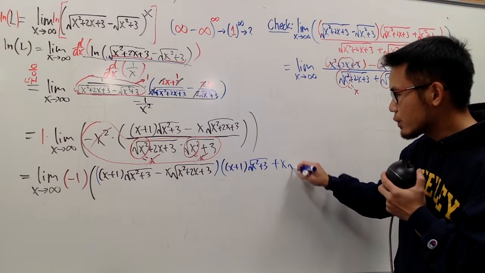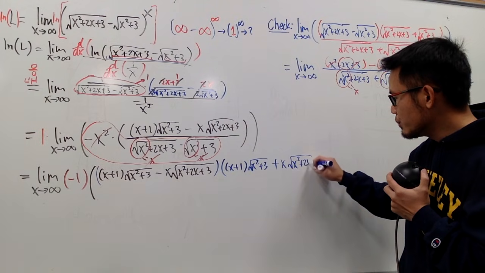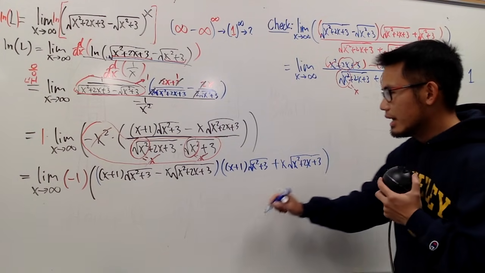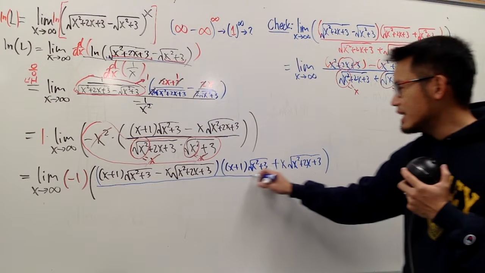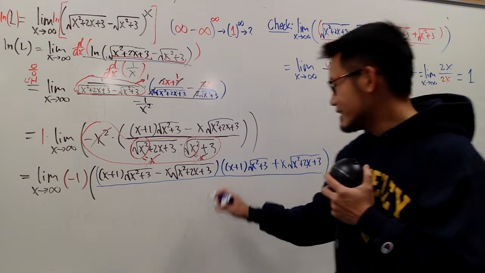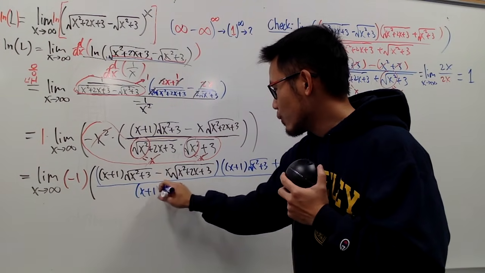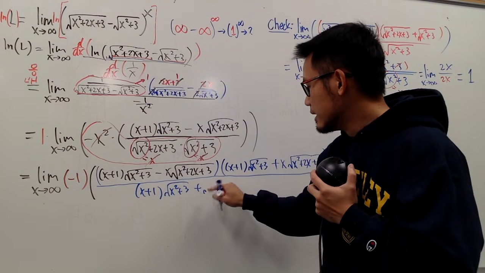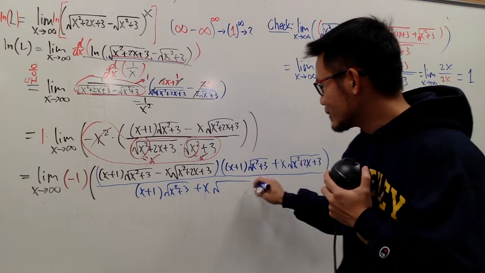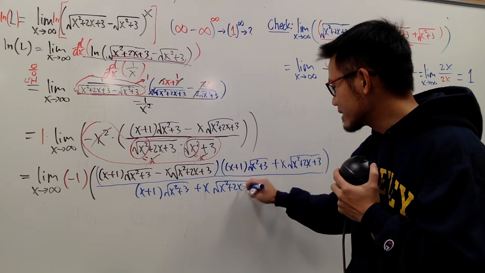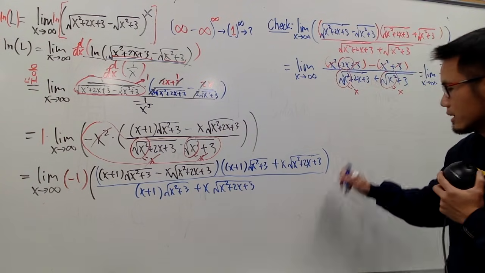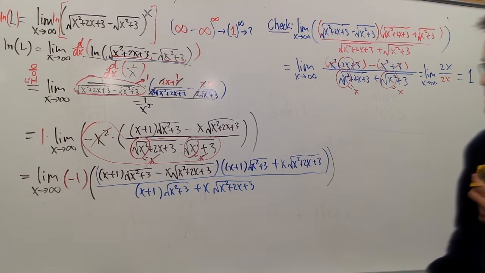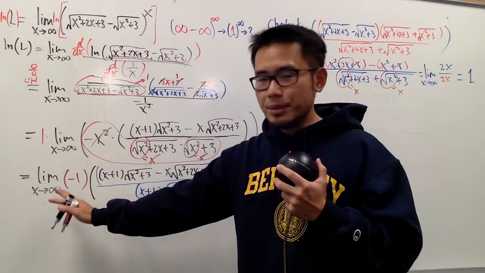And then we have the x square root of x squared plus 2x plus 3. Okay, close this. And then we have to divide it by that, which is this. x plus 1 times the square root of x squared plus 3 plus x square root of x squared plus 2x plus 3. And I will close this part in black. All right. The answer is going to be negative of this.